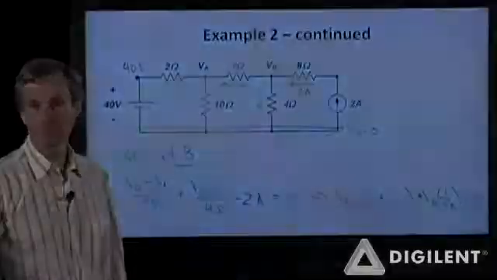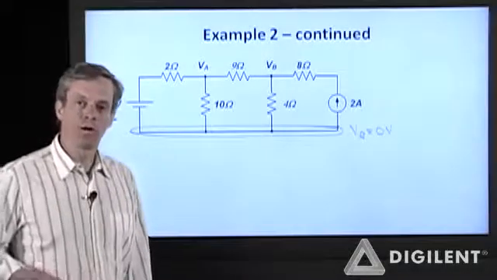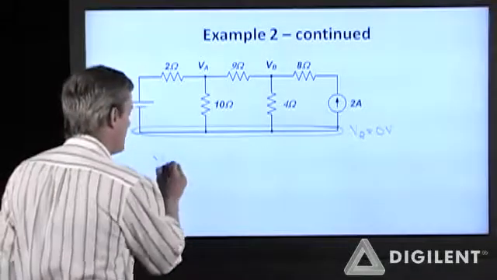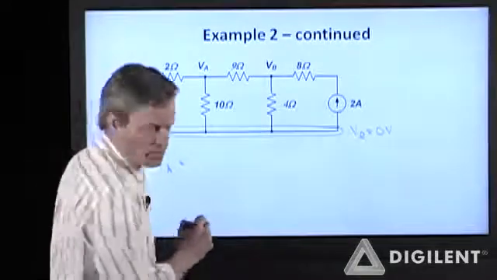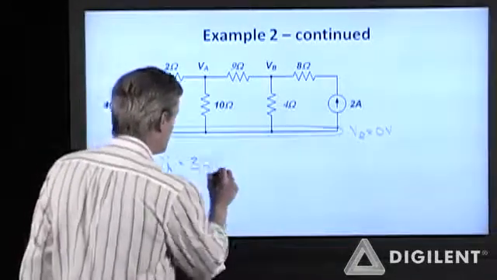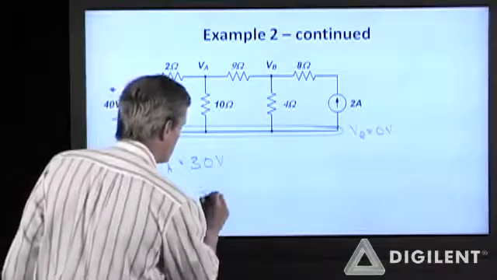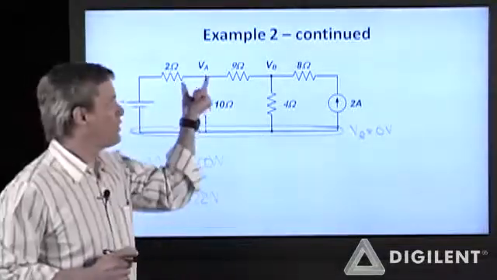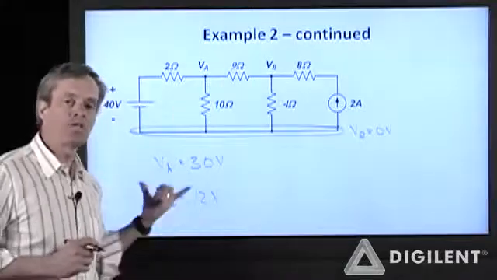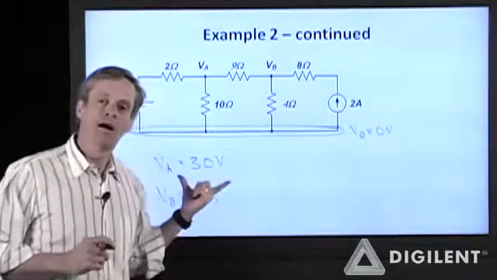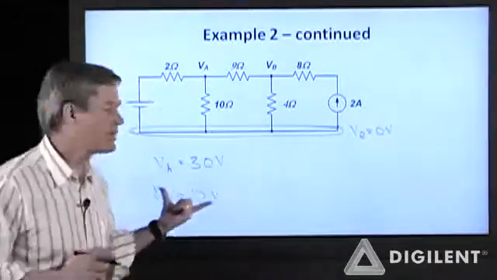Which I can solve for V sub A and V sub B. Now, if I solve those equations for V sub A and V sub B, I get V sub A is equal to 30 volts, and V sub B is equal to 12 volts. Now, from those two values, I can determine any other unknown in this circuit.